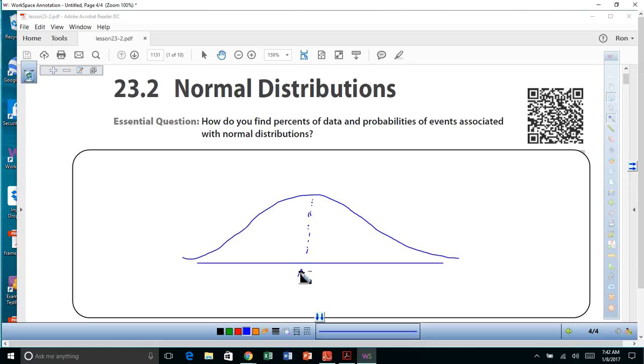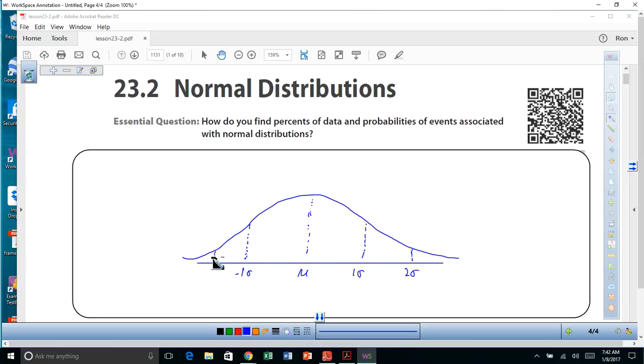That's our mean, right? Okay, and then you got an inflection here. We'd say that's 1 standard deviation, and then you got an inflection over here. That's -1 standard deviation. And then down here, it kind of cups. That's 2 standard deviations.